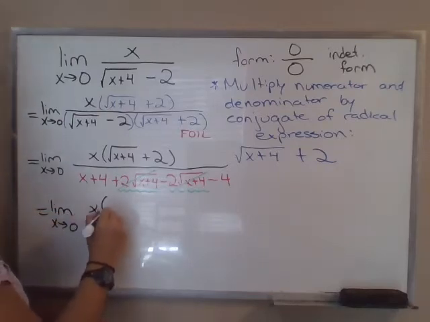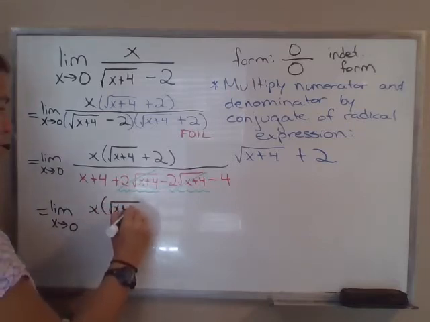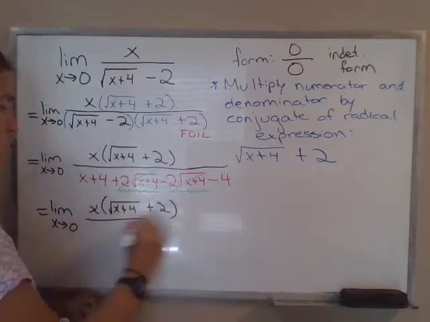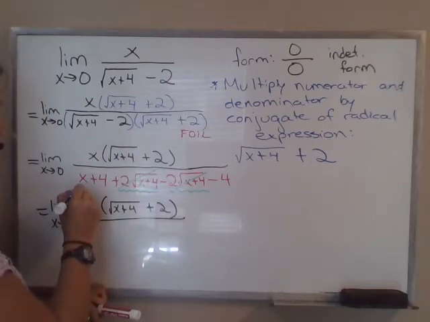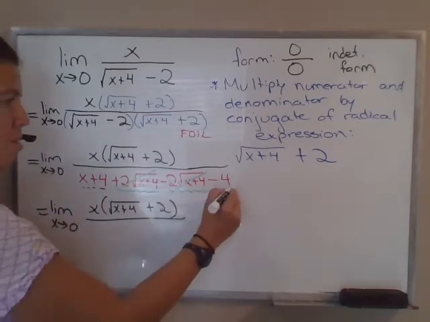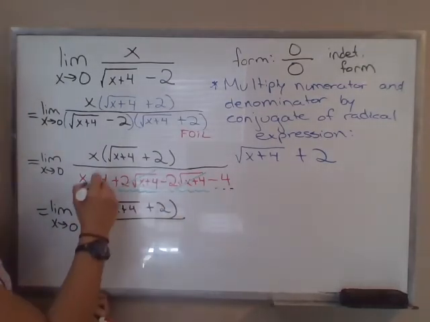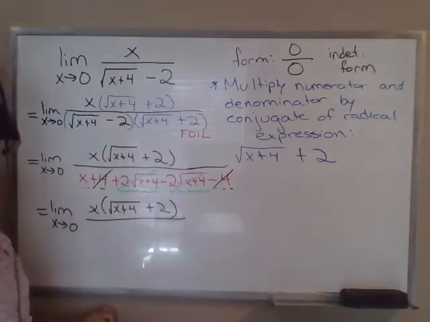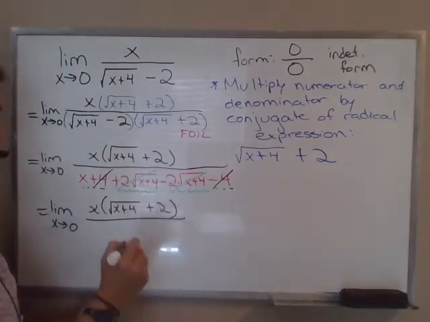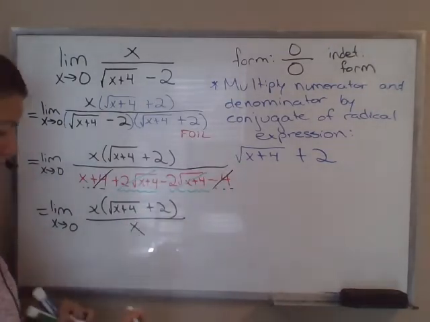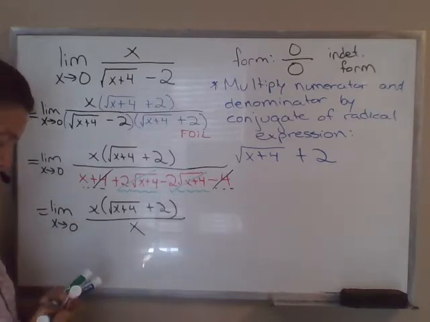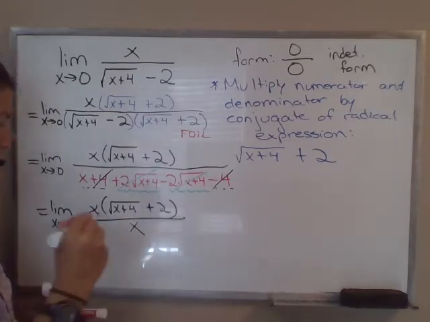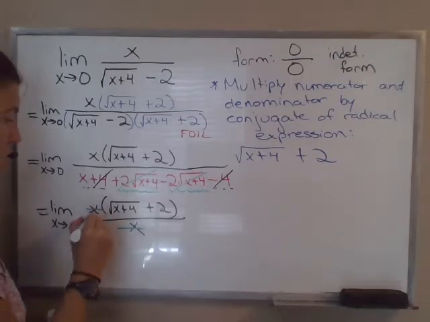So we've got x times the square root of x plus 4 plus 2. What's left of the denominator is x plus 4 minus 4. So actually the plus 4 minus 4 cancel out as well in this case, and you're left with just x. And so this is what we were hoping to see, a common factor that we can cancel out.